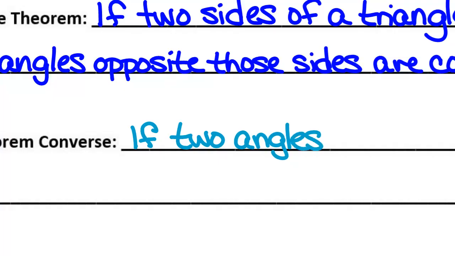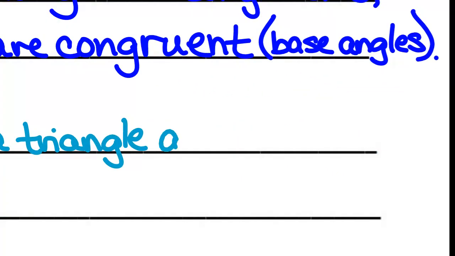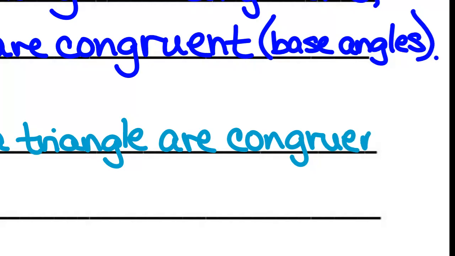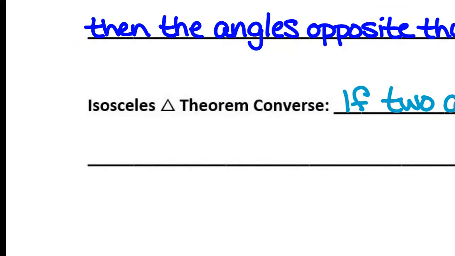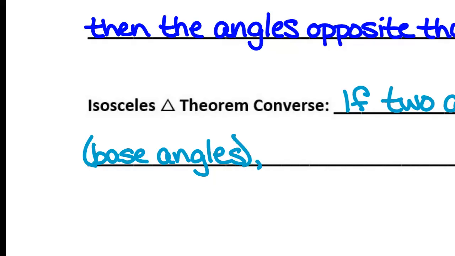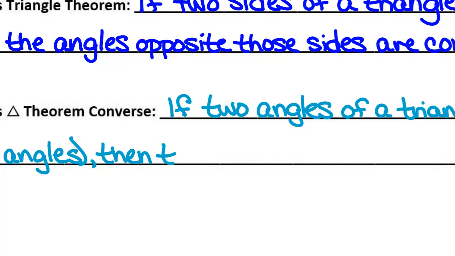If two angles of a triangle are congruent, those would be my base angles. Then the sides opposite those angles are congruent.